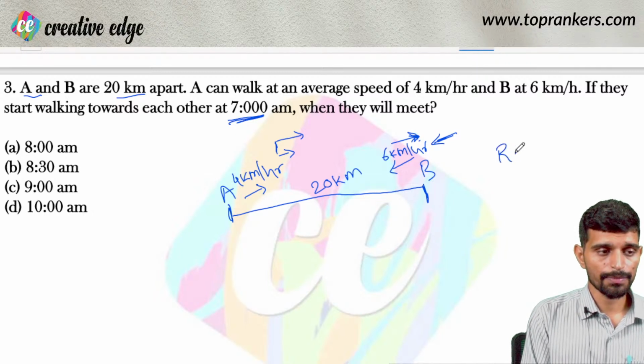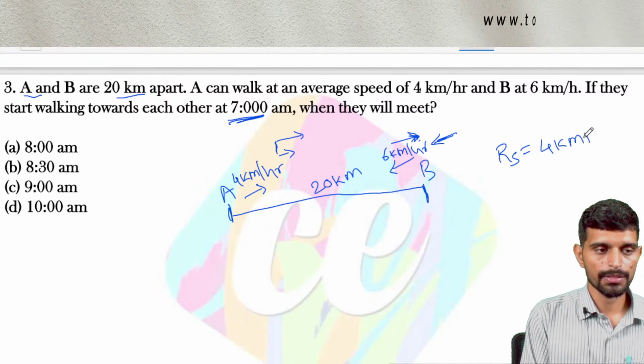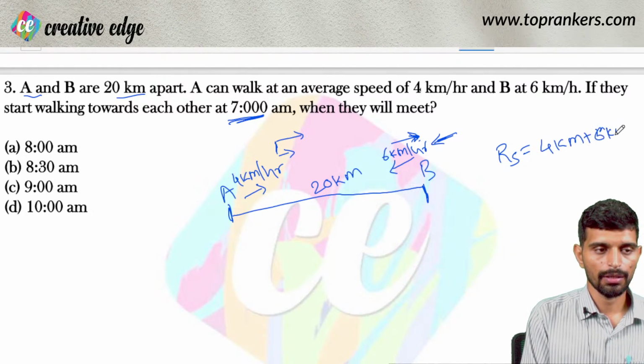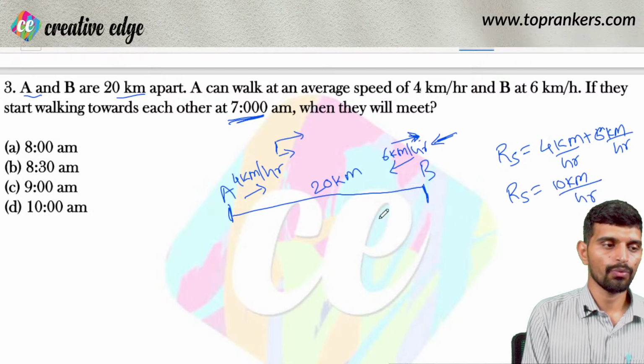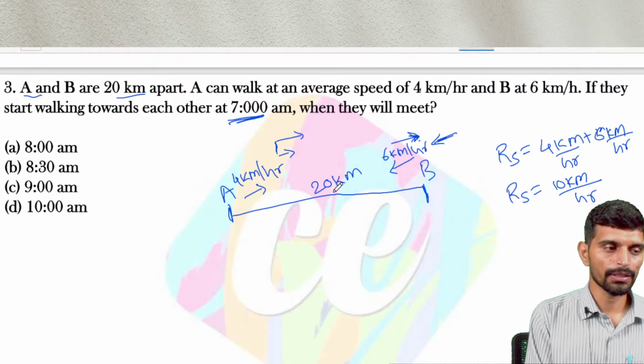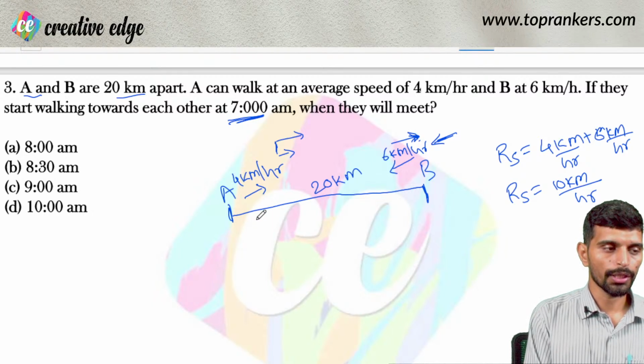So relative speed is sum of the two, that is 4 km per hour plus 6 km per hour. So relative speed is 10 km per hour. And when will these two meet? When they together cover this entire distance of 20 kilometers.